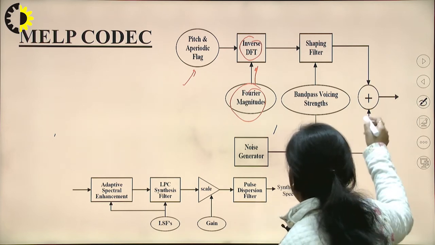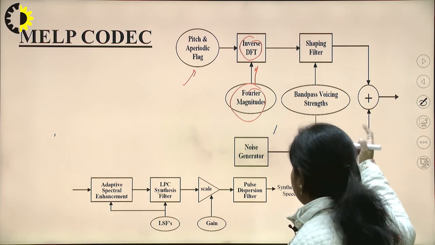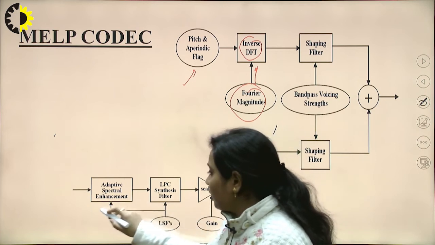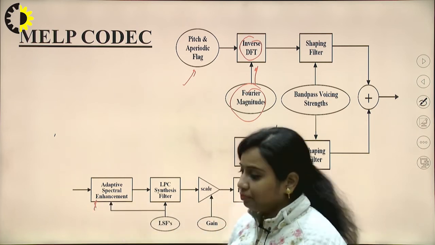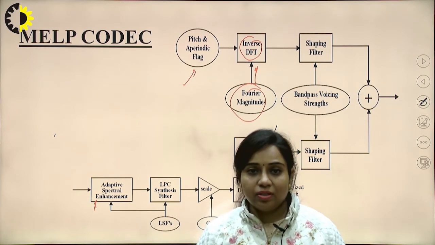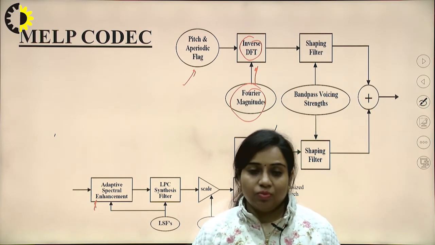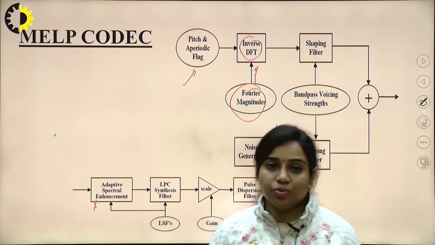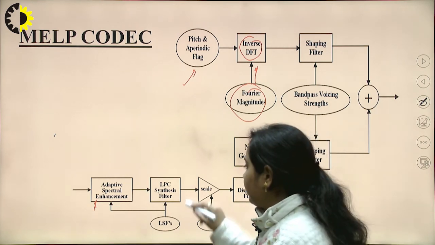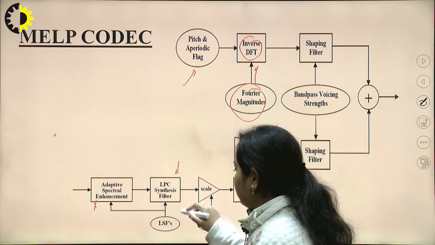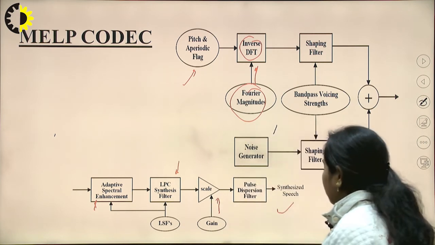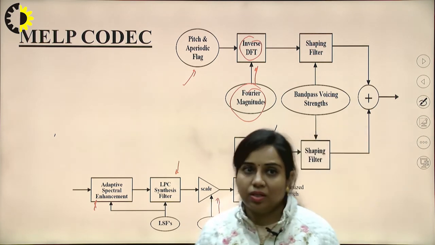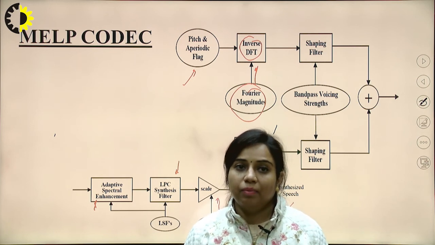Then both sides are added together, and after addition it is passed through an adaptive spectral enhancement. So whatever noise affects it is going to be enhanced using this adaptive spectral enhancement. Then it is passed through an LPC synthesis filter, then a scaling function, and the output of this will be a synthesized speech signal. So this is the MELP codec.